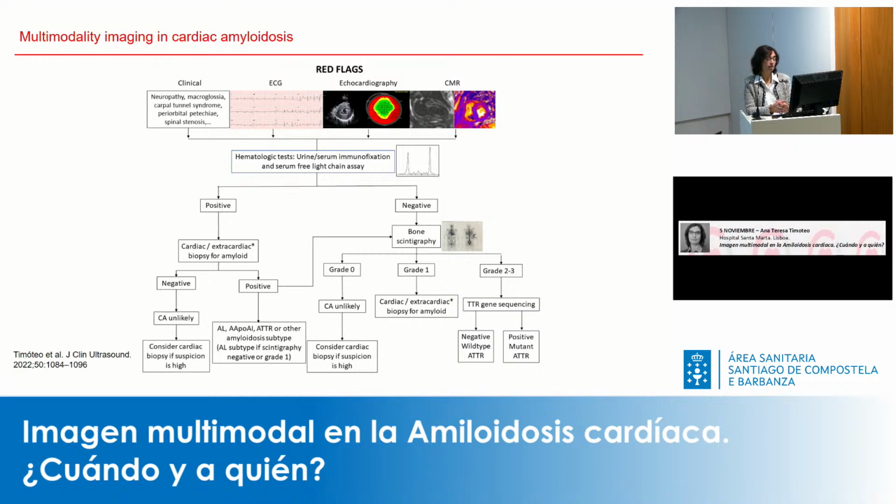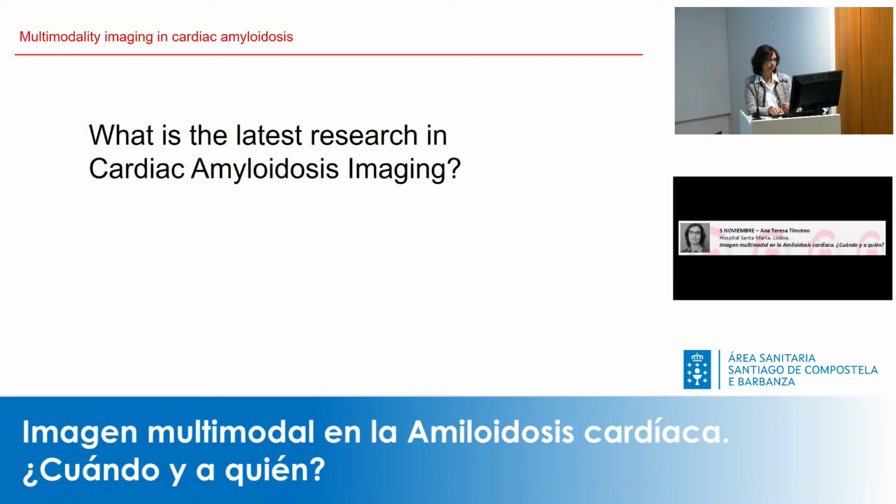So if we have a grade 0 or 1 with a monoclonal band or free light chain abnormality, it's usually AL. If we have a grade 2 or 3, it's usually ATTR amyloidosis, and the patient needs to do a TTR gene sequencing to check if it's the wild type or the mutant type ATTR.